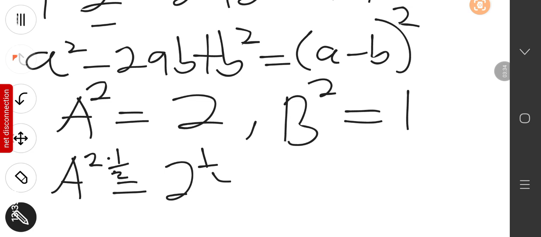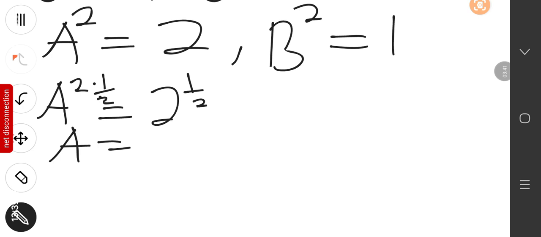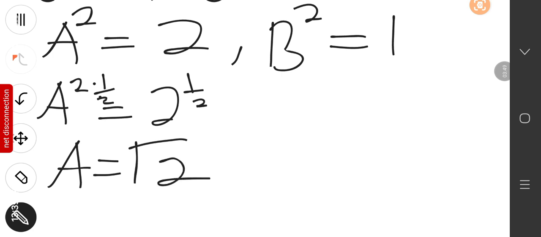So now we have a equals 2 exponent half. So that's equal to the square root. We can say a equals the square root of 2. Now let's solve for b. So b squared equals 1.